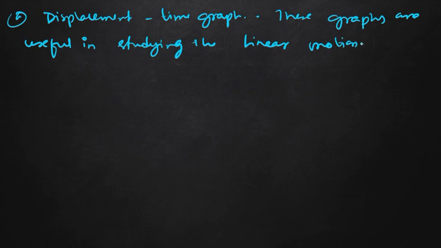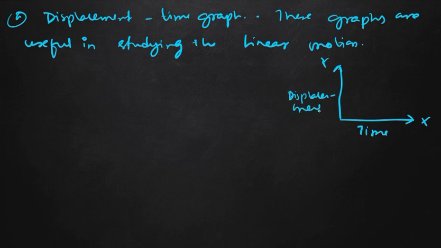Displacement is plotted on the y-axis and time is plotted on the x-axis. So in the general figure, on the x-axis we put time, and on the y-axis we put displacement. Clear?